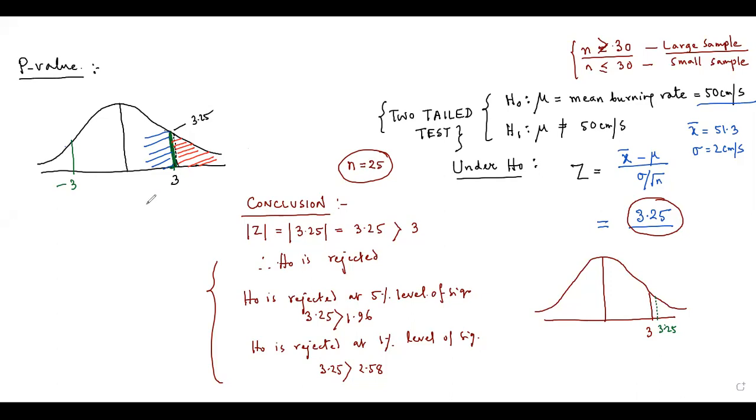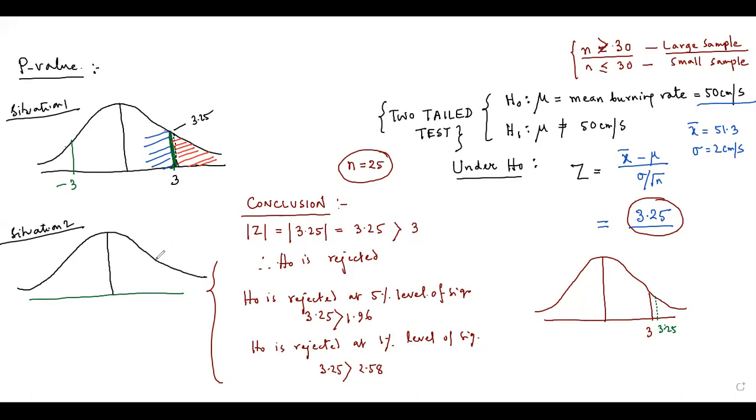Whenever we reject the null hypothesis, suppose this is my situation 1. And now I am dealing with another situation, say situation 2. Here also I'm going to draw the diagram like this. Suppose this is 3 and this is -3, and the problem has been set up in such a manner that the value of Z is falling over here.